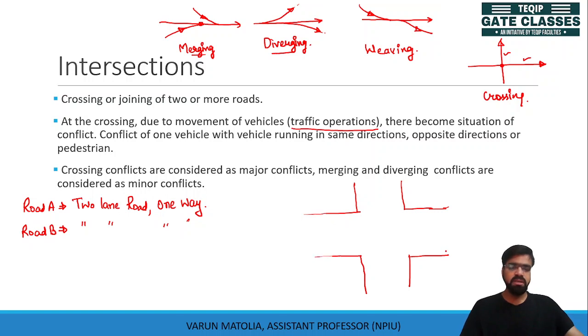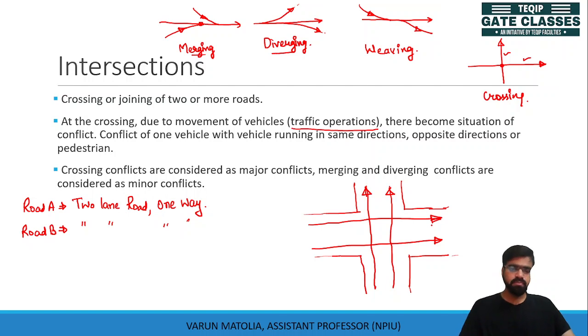We can increase the intersection direction, but we require this area. These are two lanes, one traffic stream and another traffic stream. Both traffic streams are moving in the same direction. Similarly, here we have this traffic stream and this traffic stream, also moving in the same direction.